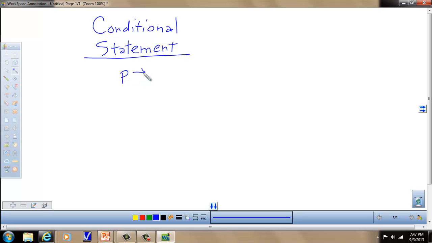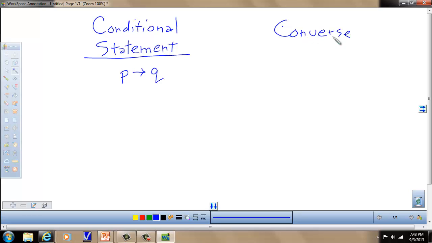I'm going to write it as P and then an arrow and then a Q, where P is our hypothesis and Q is our conclusion. So it would be if P then Q, or in this case literally it means P implies Q. If this is true, then the converse, let's do that next.